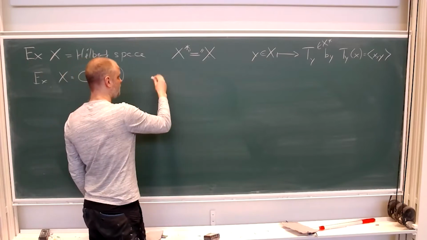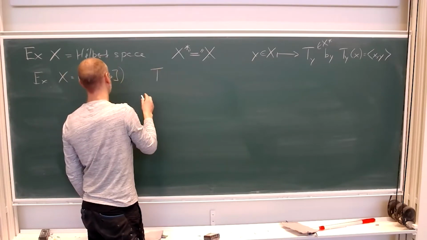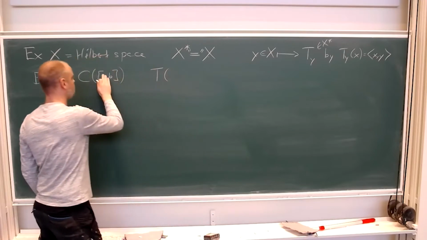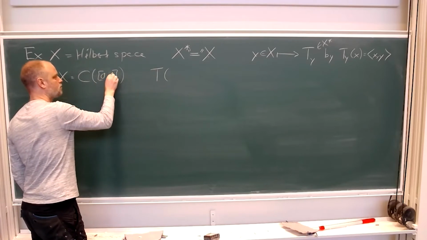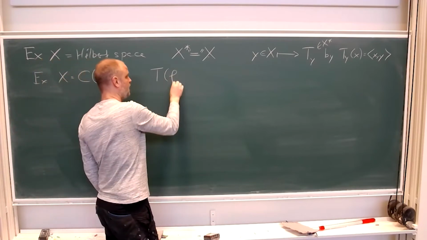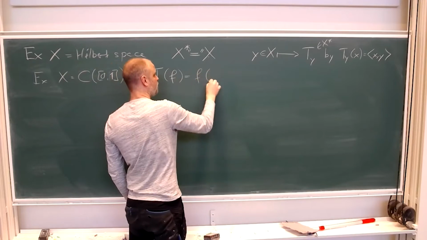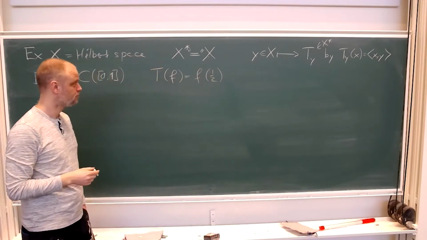then let me now define a linear functional on this. Let's make this even more concrete. I have 0 here and I have 1 there. Now I'm going to define T of f to be equal to f of 1/2.